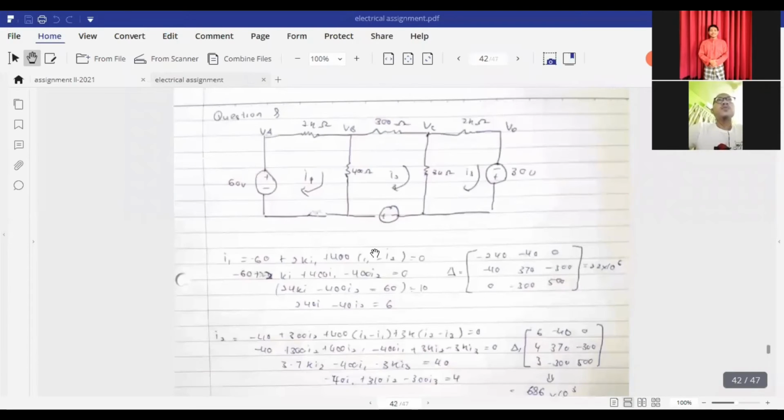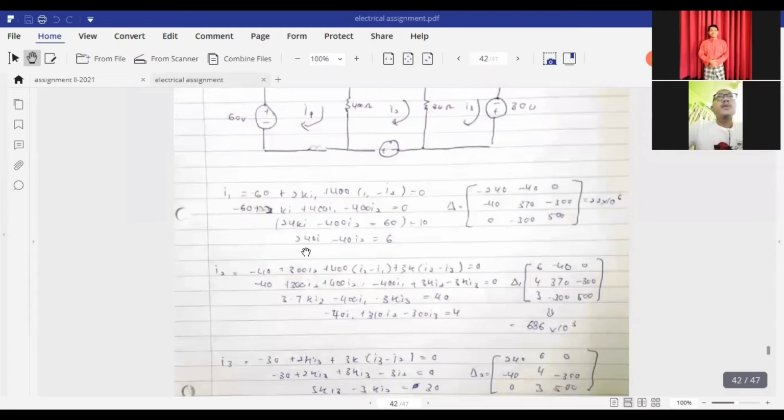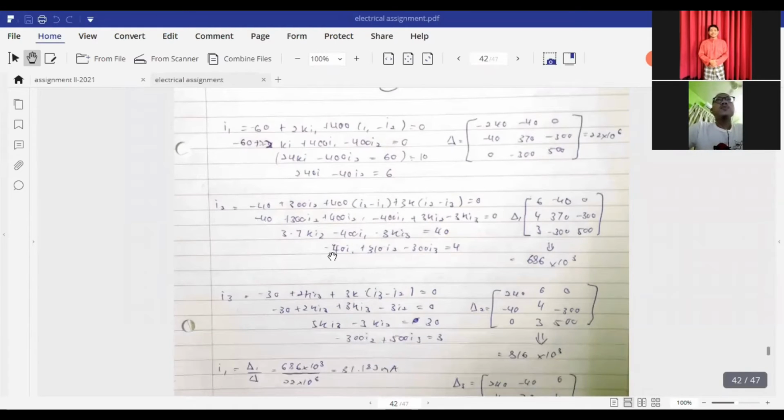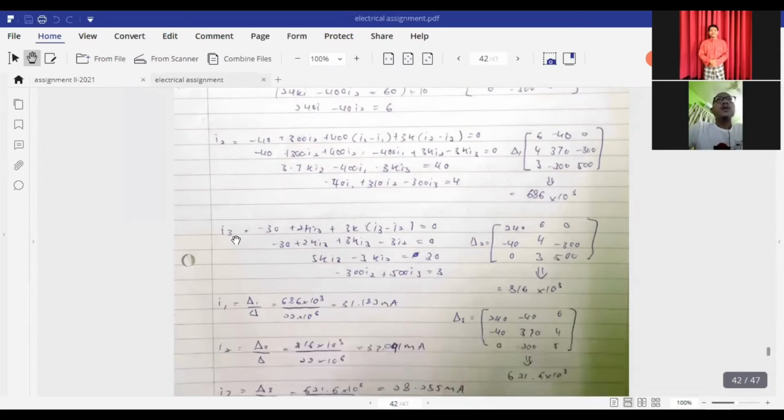The calculation for question 8 is: I1, 214I1 minus 40I2 equal to 6. For the I2, negative 40I1 plus 1310 I2 minus 300 I3 equal to 4. I3, negative 300 I2 plus 500 I3 equal to 3.